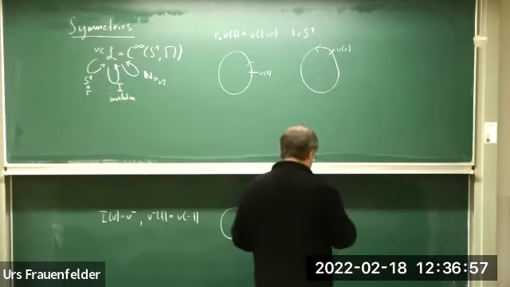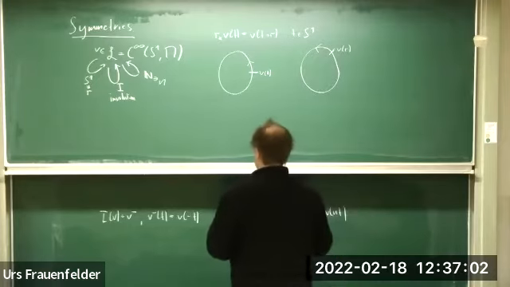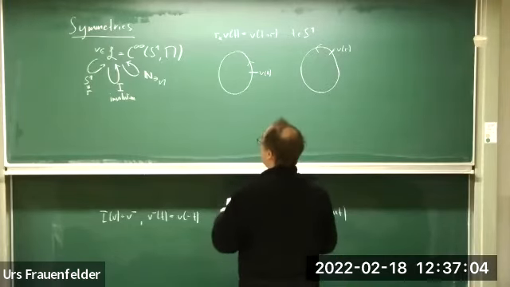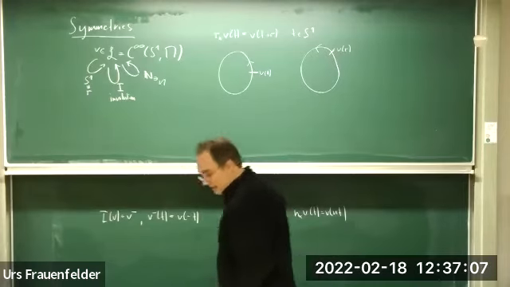Now, how does this Rabinowitz action functional behave under all these symmetries?